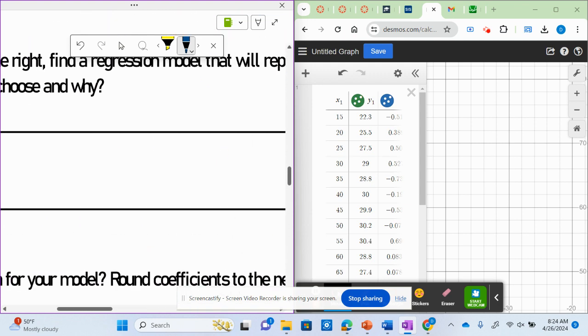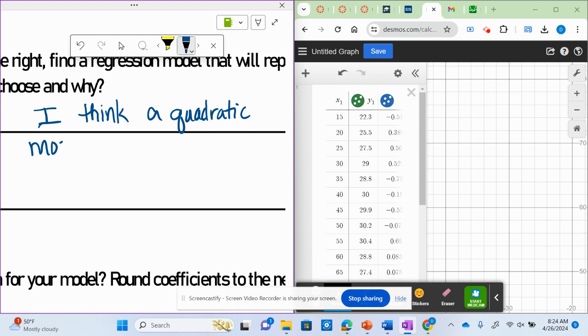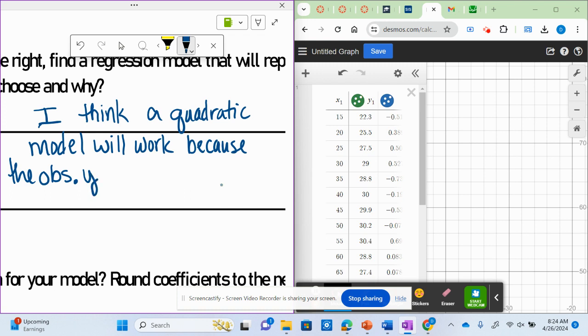I chose a quadratic regression because that's all I know. So that's what I wrote here. I said, I think a quadratic model will work because the observed, and I'm just going to abbreviate that, OBS, the observed Y increases and decreases several times.